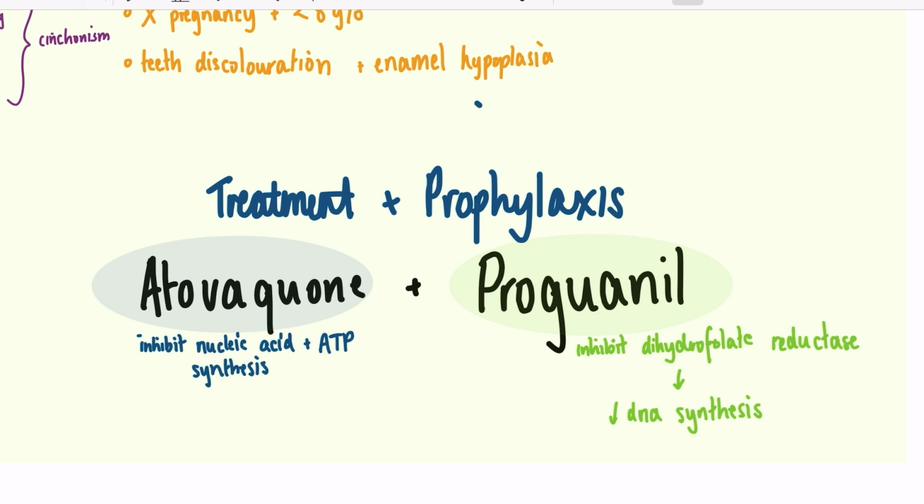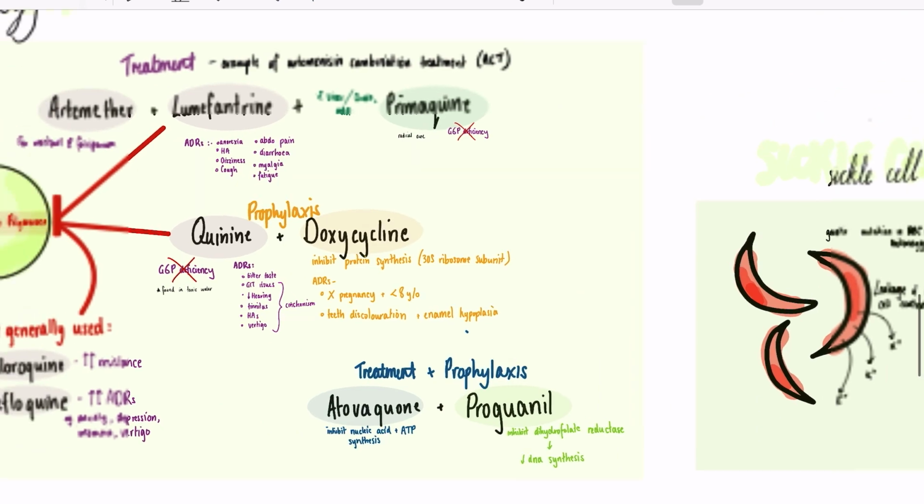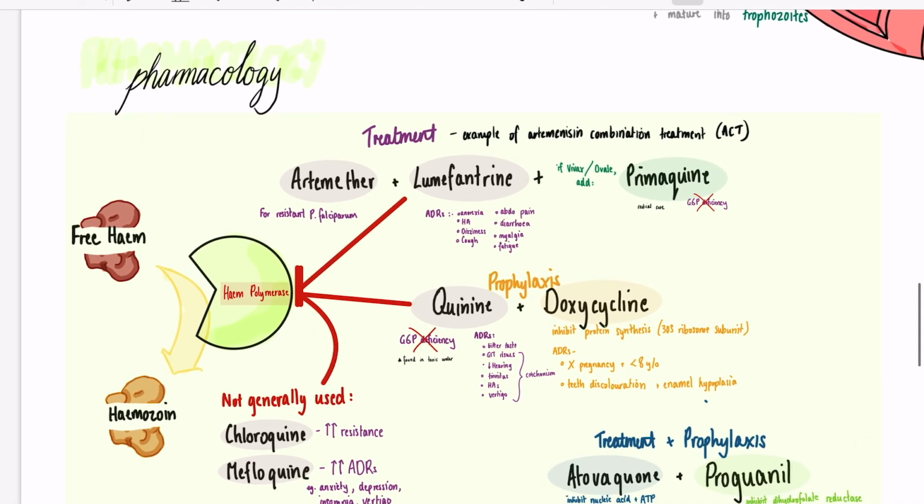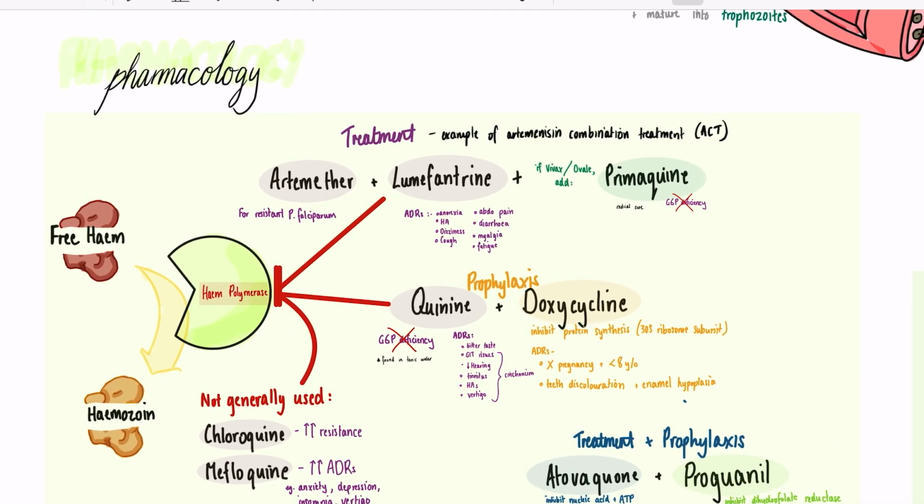So atovaquone inhibits nucleic acid and ATP synthesis, whereas proguanil is converted to its active form, cycloguanil, and this inhibits dihydrofolate reductase, which is required in DNA synthesis. So that is basically our pharmacology.